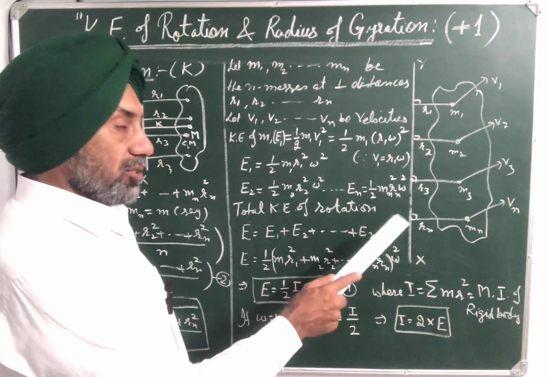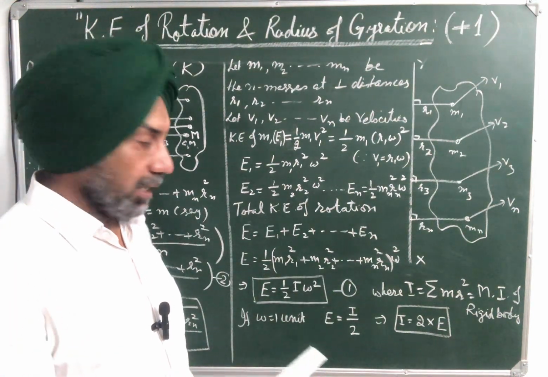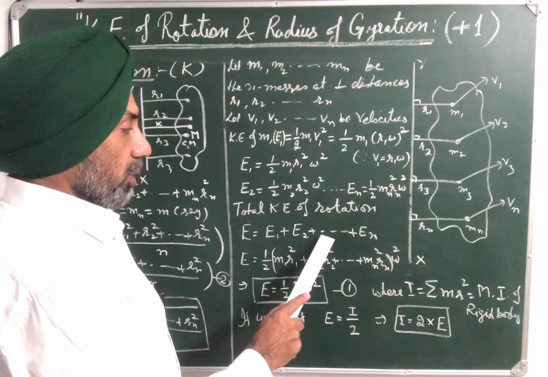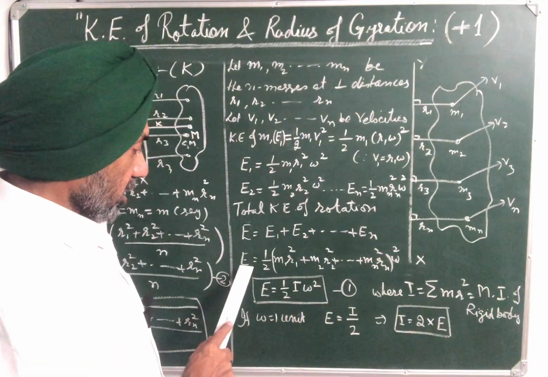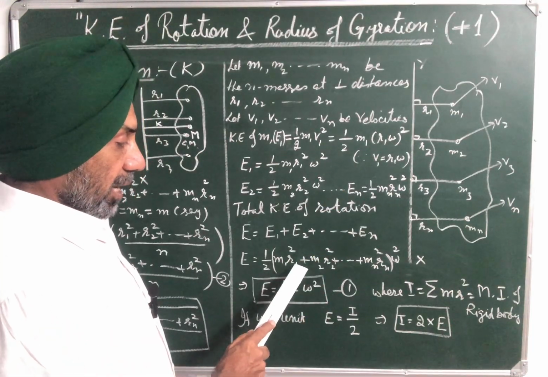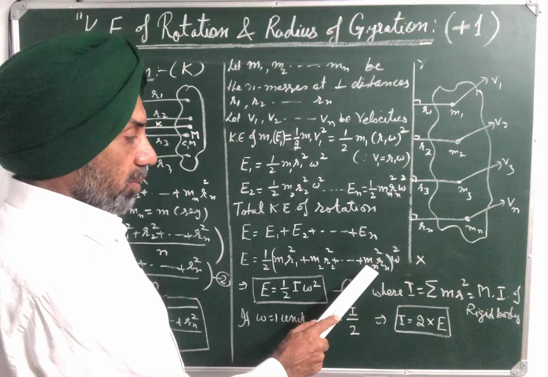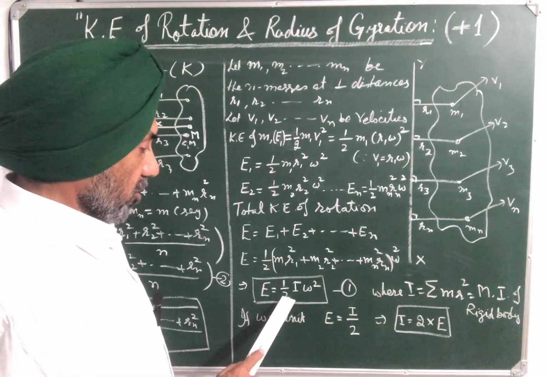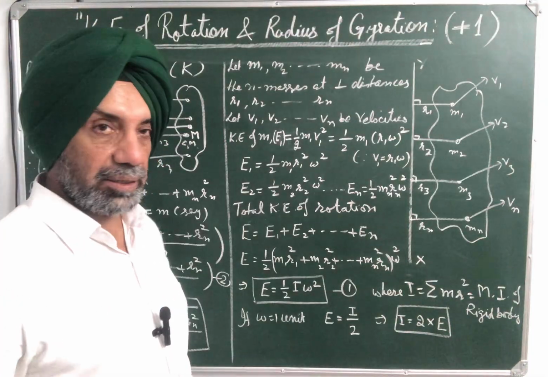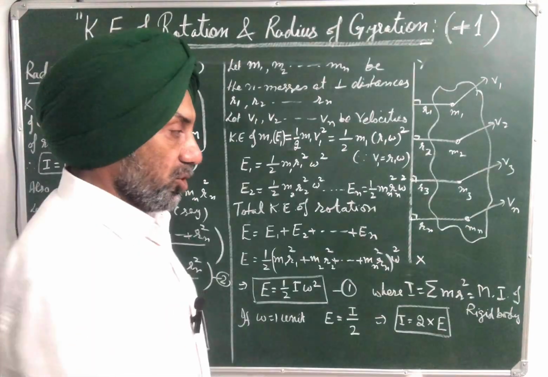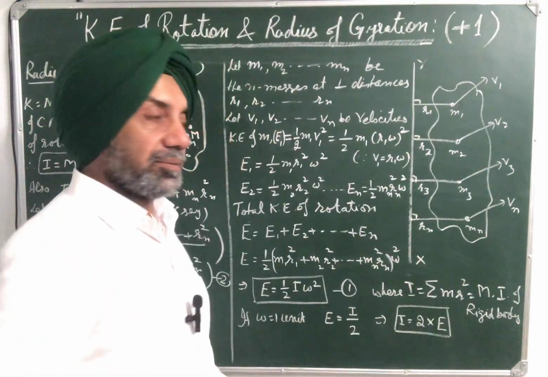The total kinetic energy of rotation of the whole rigid body is given by E is equal to E1 plus E2 plus so on plus En, or E is equal to, now half can be taken common, m1 r1 square plus m2 r2 square plus so on plus mn rn square, omega square is also common, or E is equal to half I omega square, where I is equal to summation m r square, the moment of inertia of the rigid body.